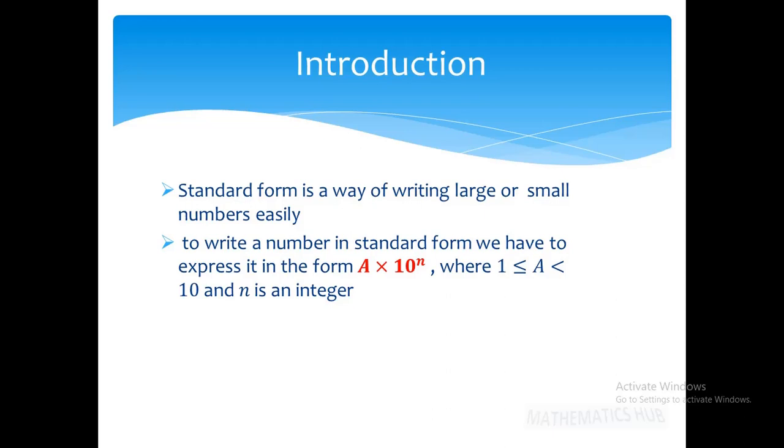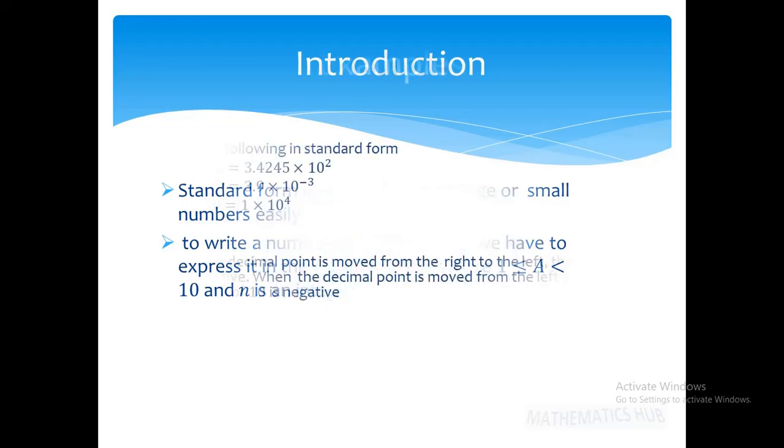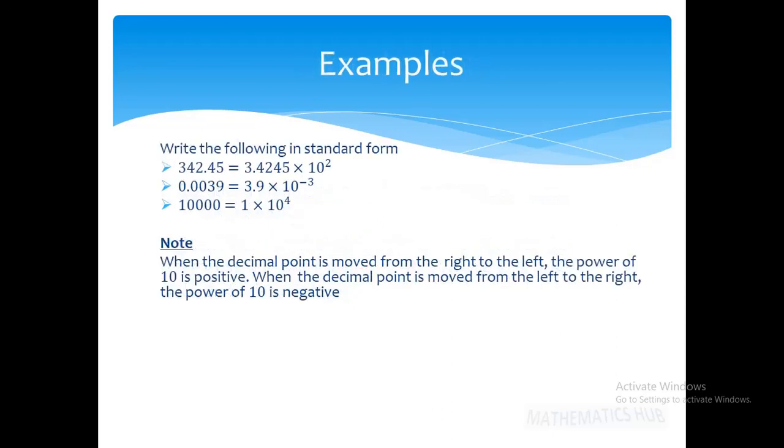So to further understand this, let's look at some examples. The question that we want to answer says, write the following in standard form. We want to write 342.45 in standard form. So what we are going to do is move our comma 2 places to the left.